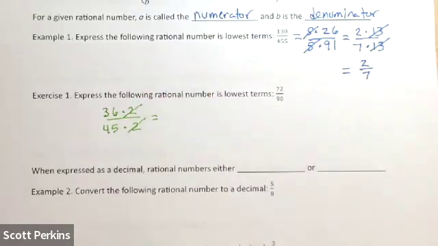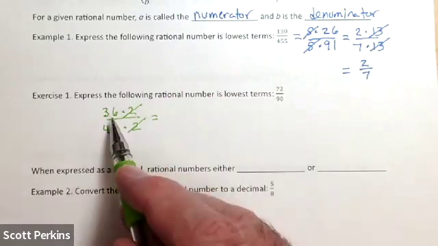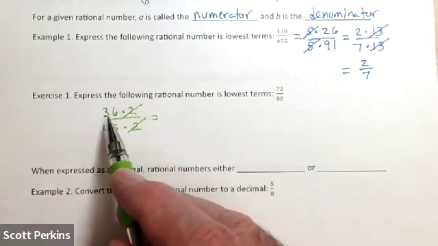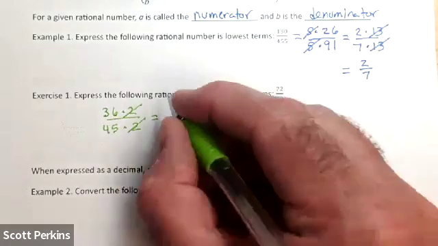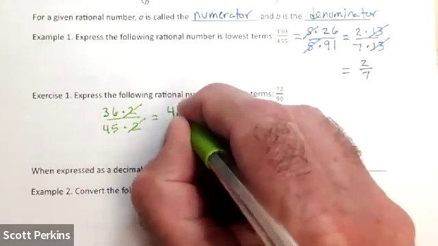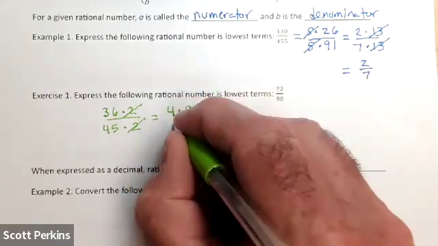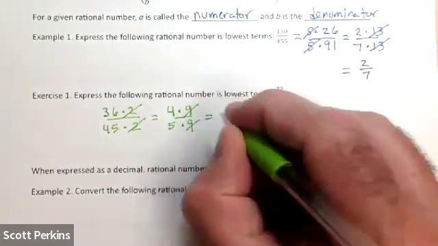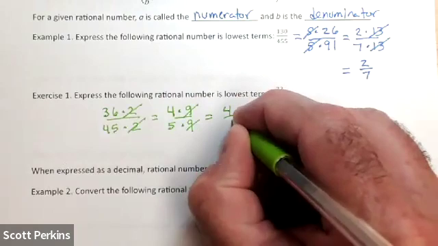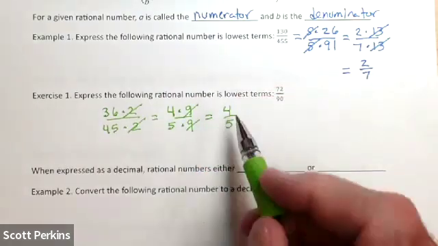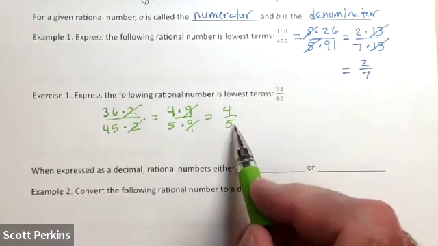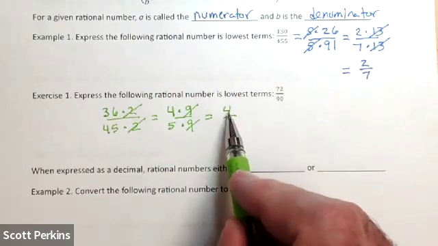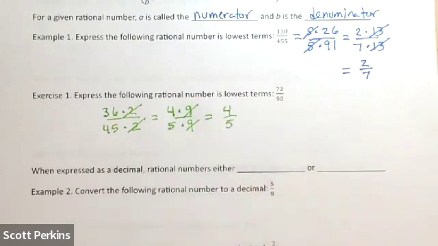They divide out. 36 and 45, well, I know my multiplication tables, and so I know that 36 and 45, 9 goes into both of those. 36 is 4 times 9, and 45 is 5 times 9. And then 4 and 5 are both prime numbers, or sorry, no, they're not. 5 is a prime number. The only factors are 1 and 5. Neither 1 nor 5 go into the numerator of 4, so that is lowest terms.